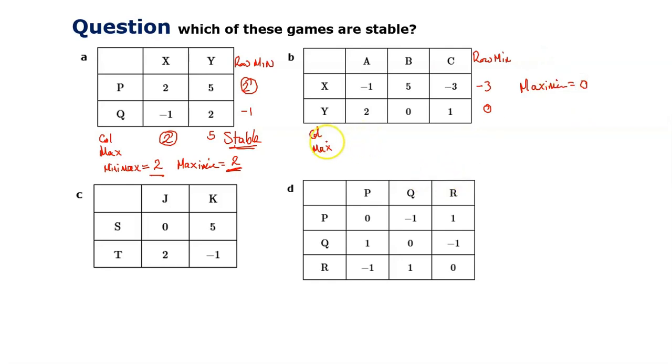What about my col max? My biggest in this column is 2, is 5, and is 1. So my mini max, what's a minimum? Oh, it's 1. Interesting. These are not equal. So this is what we call a non-stable game.